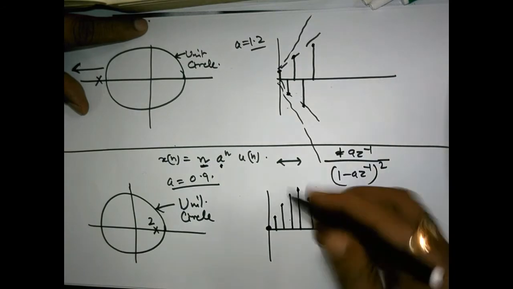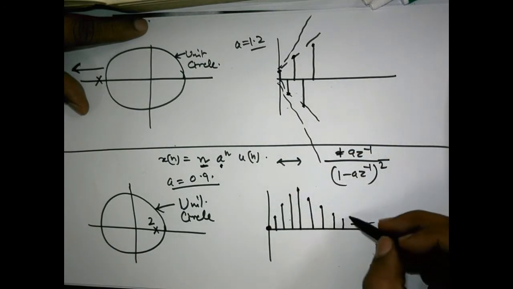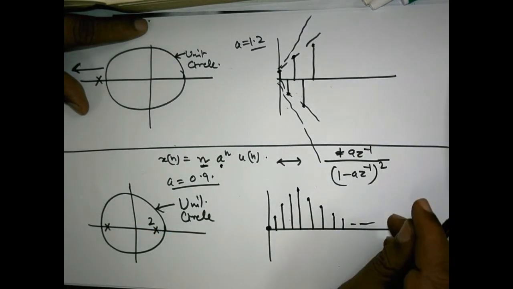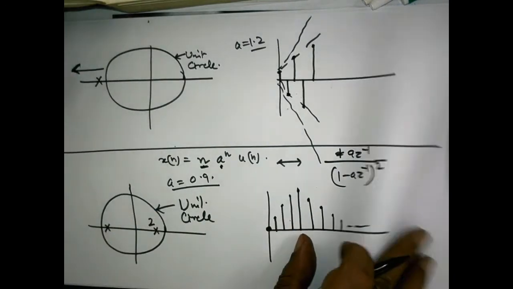Similarly, it will be two-sided about this axis if you take the poles on the left-hand side of the Z plane. The shape will be something like this.